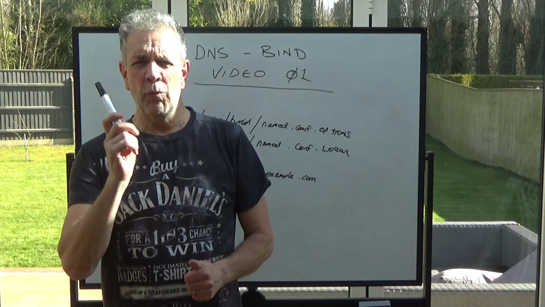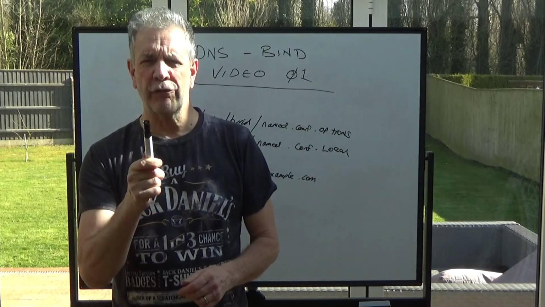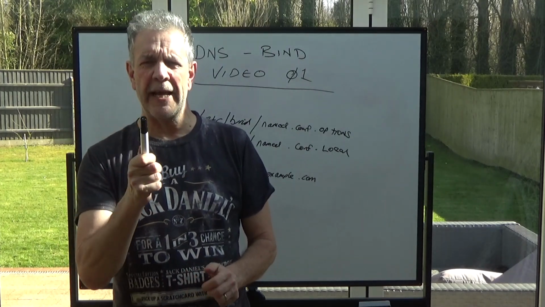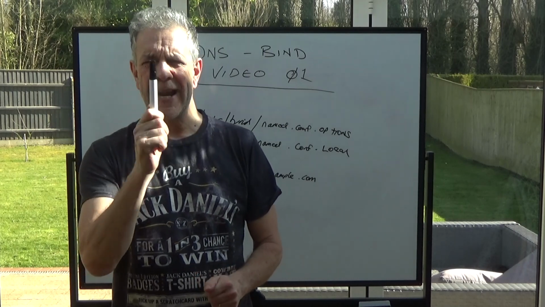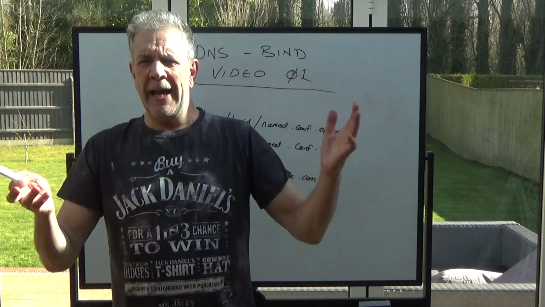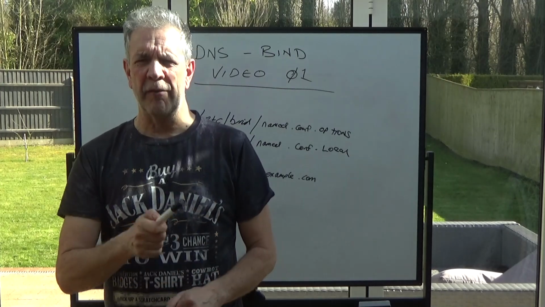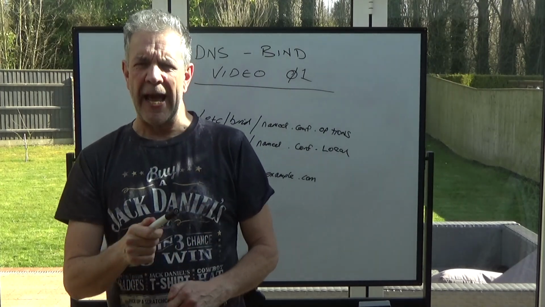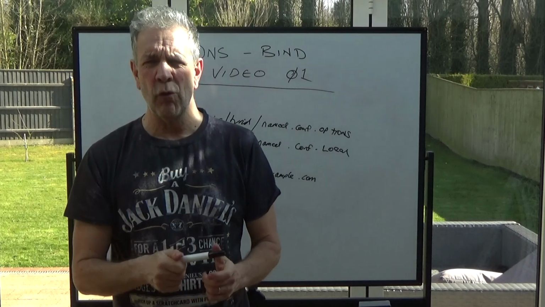To test, we utilised nslookup and ping to the FQDN of the DNS server from DNS client 1. Now, in the next video, we'll be looking at configuring reverse DNS and testing the results.